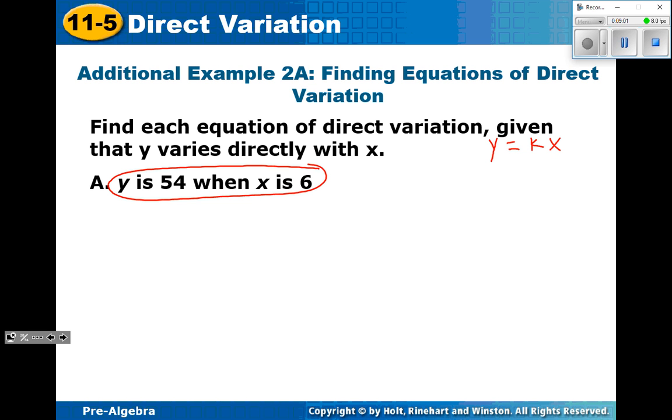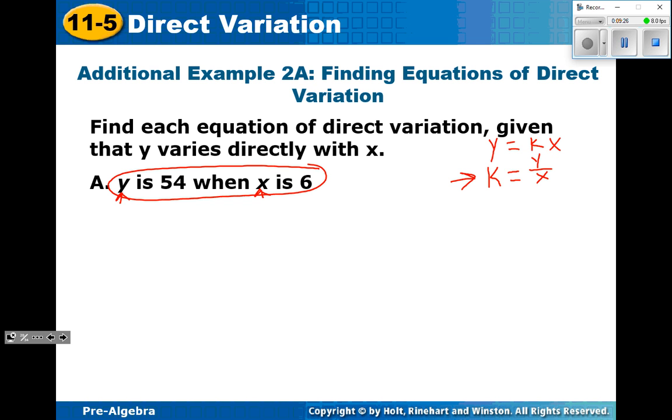They gave you y and they gave you x. If we have 2 of the 3 things, we can solve for the third one. Do you remember at the beginning I told you that you could also use k equals y over x, that those are essentially the same thing. And since we're trying to solve for k, I would go ahead and use this. Our work will be less.